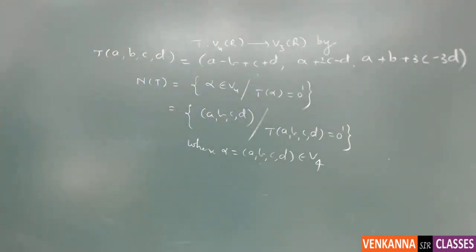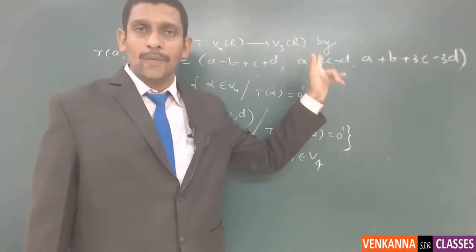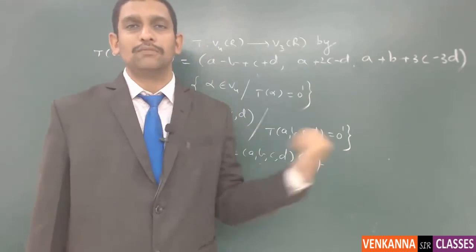The definition of N of T is nothing but the set of all elements in the domain for which the T image is 0. Since the domain is 4D vectors, it is the set of all 4D vectors whose T image is 0. Here 0 is nothing but the zero vector in the codomain, nothing but 0, 0, 0, the 3D point.